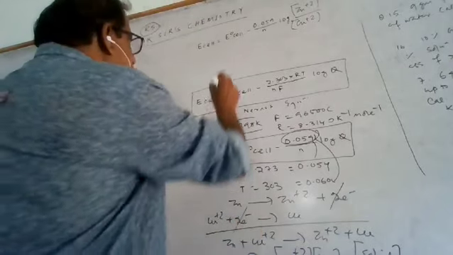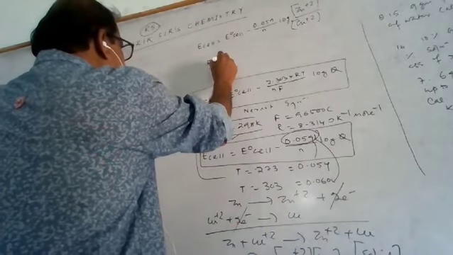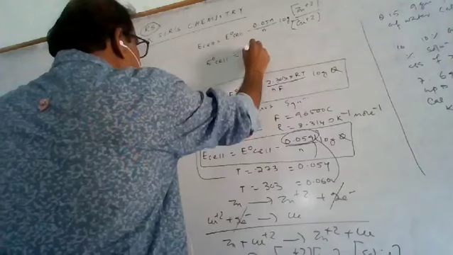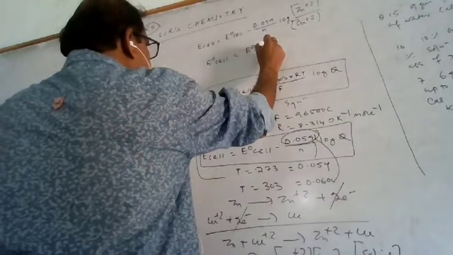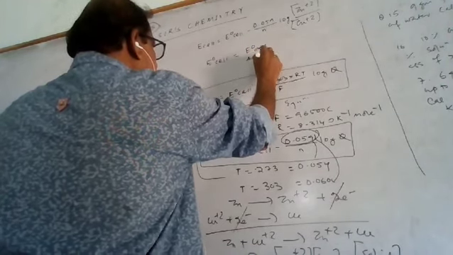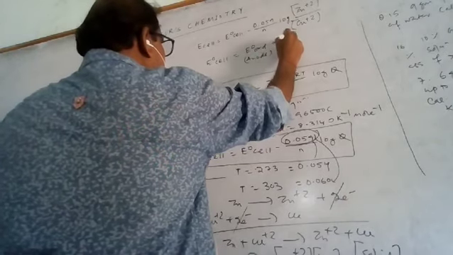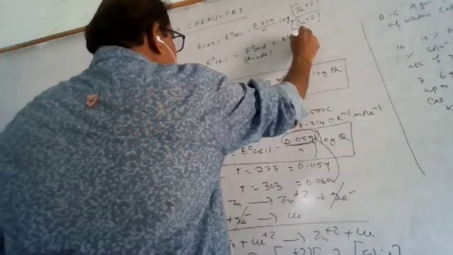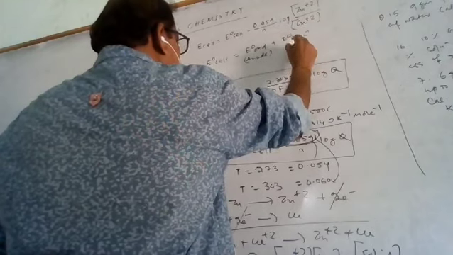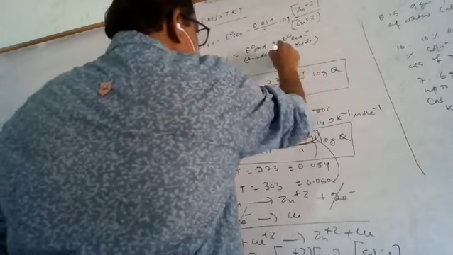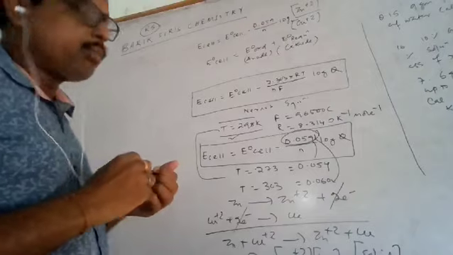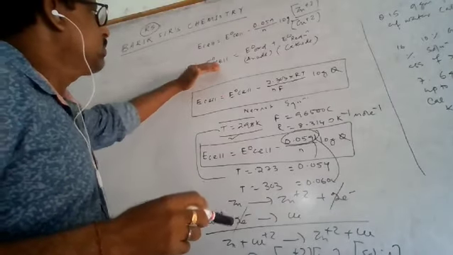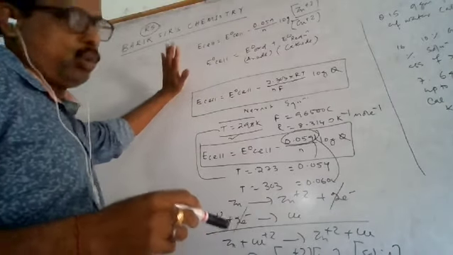E naught cell is equal to E naught oxidation potential of the anode plus E naught reduction potential of the cathode.